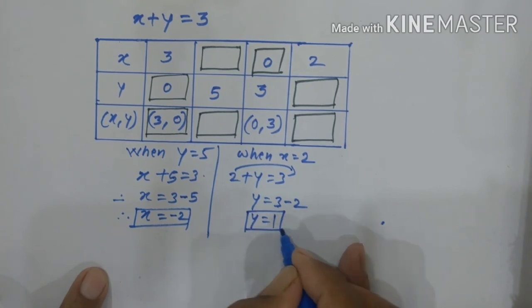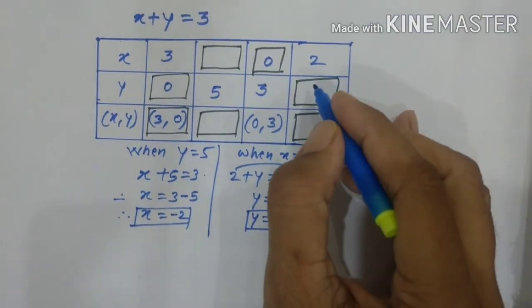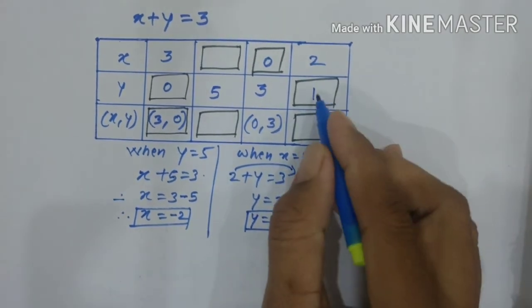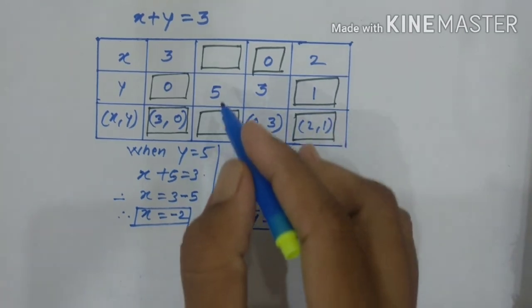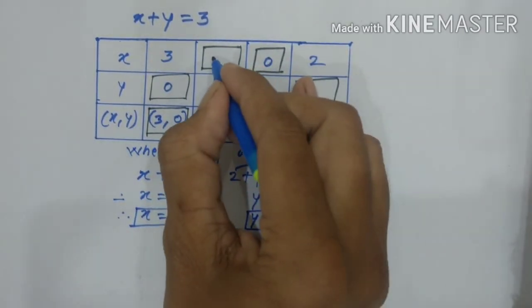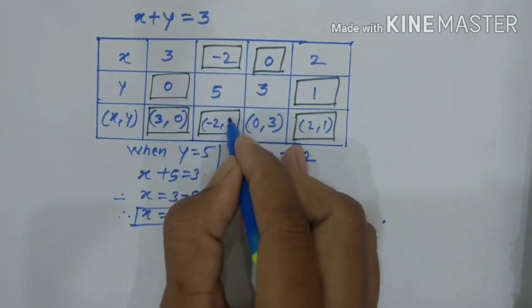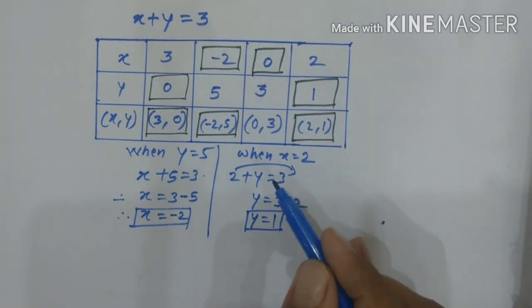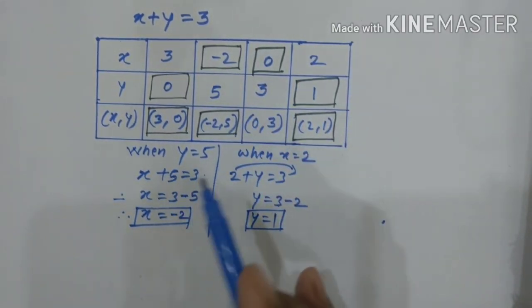Y equal to 1. Now write this value of y in last column. Our solution is 2 and 1. Here value of x is minus 2. Therefore our solution is minus 2 and 5. So here this activity is also completed.